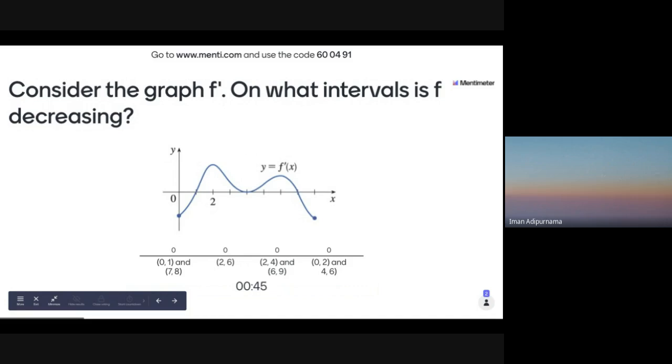Just checking, and now the timer is quicker. I hope you don't mind. I just want to check how well you're going to solve this problem.